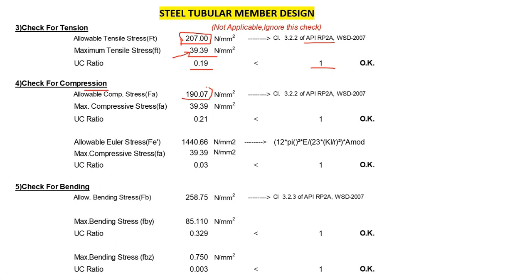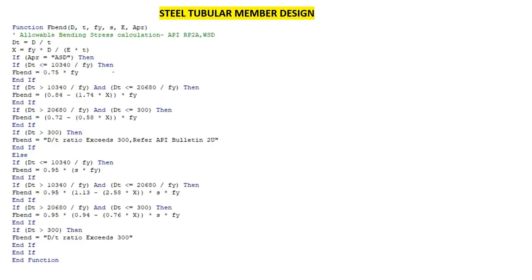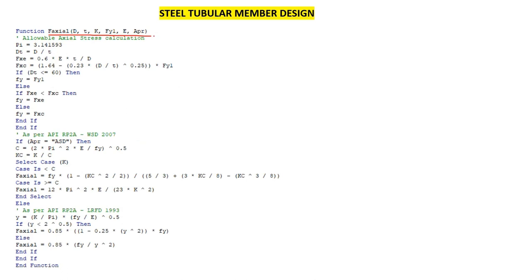This comes to 190 only. How does it come? That's what we were explaining here. If you see, this is bending stress, this is the axial stress. It depends on diameter, thickness, K factor, yield strength, Young's modulus, and this one is nothing but the allowable stress. It's not depending on the length itself, but because of the cylindrical shape, it depends on the length.